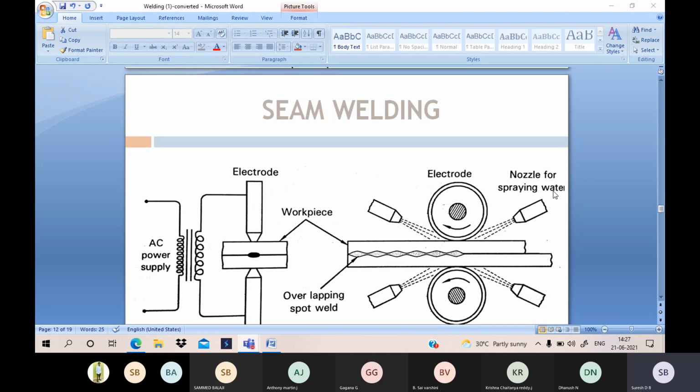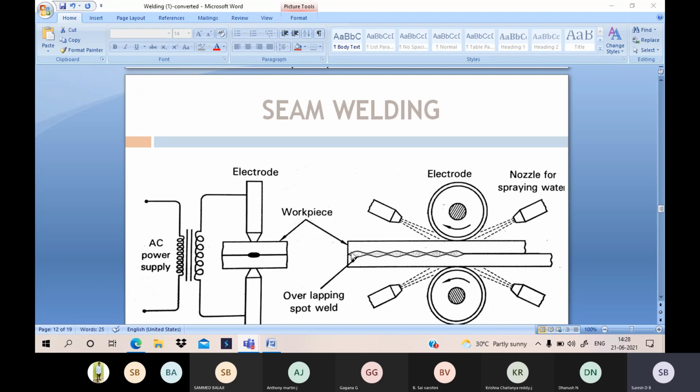Here we are using water as the lubricant to reduce the friction and also reduce the heat between the electrode roller and the workpiece material. Only due to external force or external pressure, both the materials are going to be welded. This particular joint is called an overlapping joint.